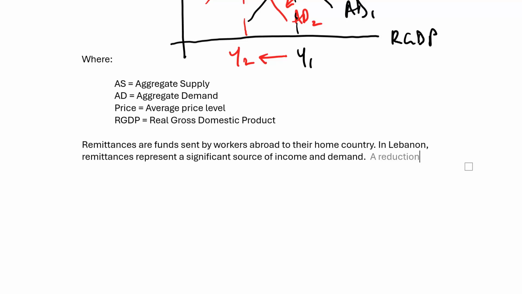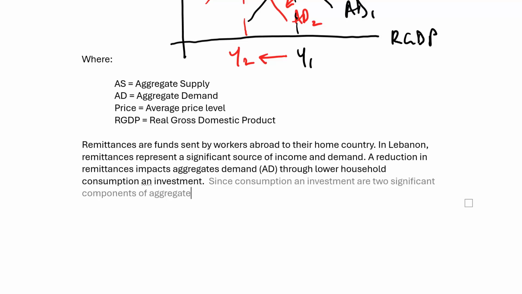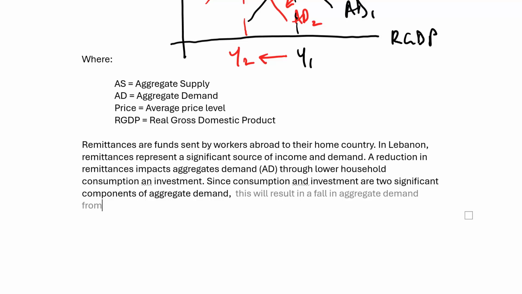A reduction in remittances impacts aggregate demand through lower household consumption and investment. Since consumption and investment are two significant components of aggregate demand, this will result in a fall in aggregate demand from AD1 to AD2.